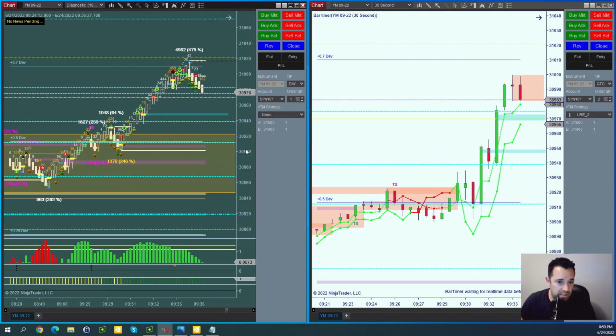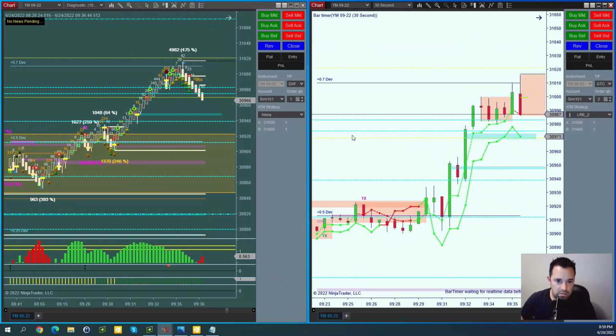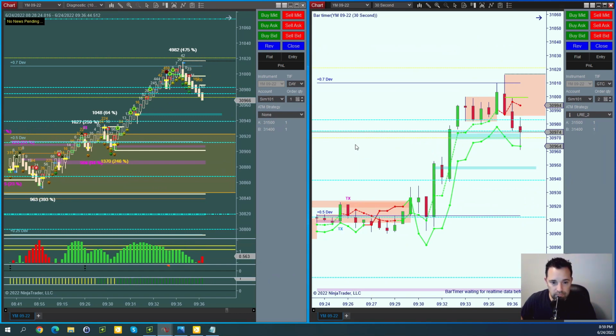Now, let's see. It looks like it hits the dev. Let's go over to the simplicity chart. Yep, hit the dev there. Left a mini magnet with a 30 tick mini magnet. Okay. Now we have here, let's see if I would take this.